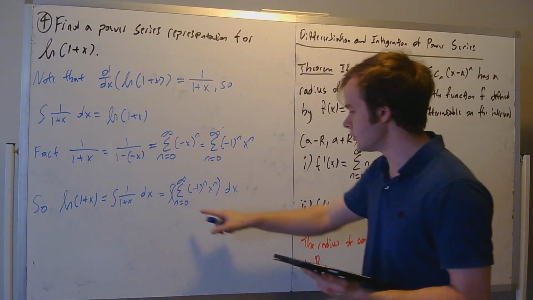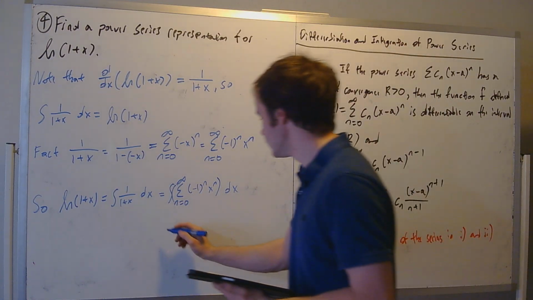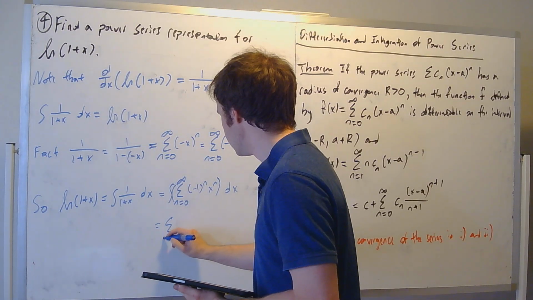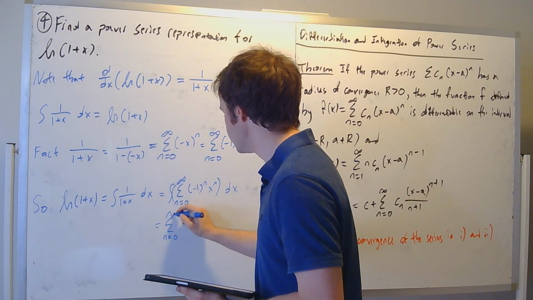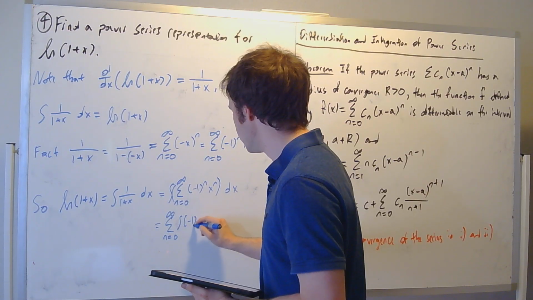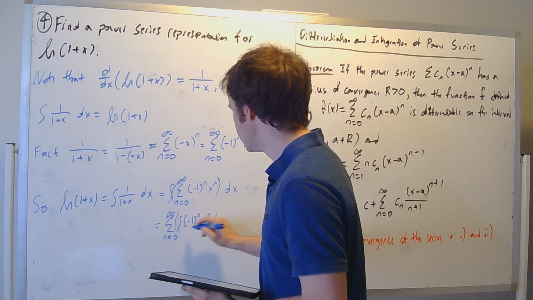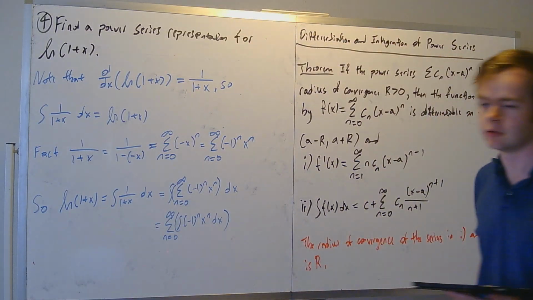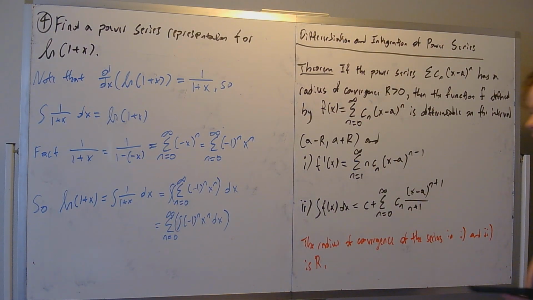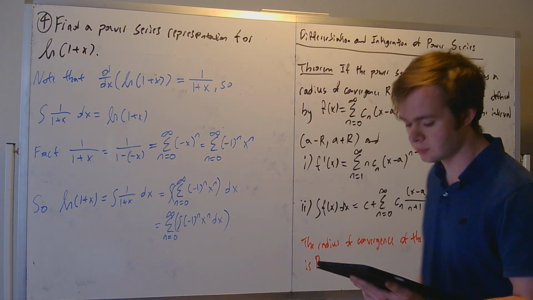And now we said with the theorem we can pull the integral symbol into the inside. So the theorem says we can rewrite this as the sum from n equals 0 to infinity of the integral of negative 1 to the n, x to the n, dx. So now the integral part is actually on the inside. And now we can take that integral, saying that the integral of x to the n is x to the n plus 1 over n plus 1.